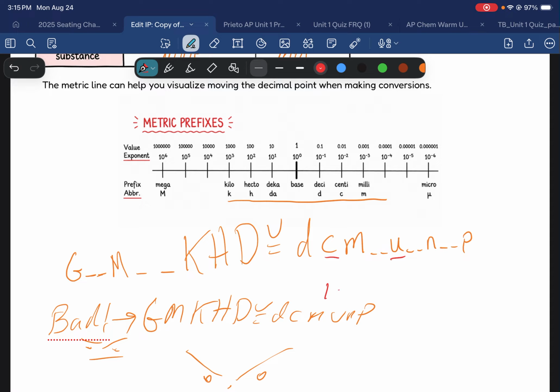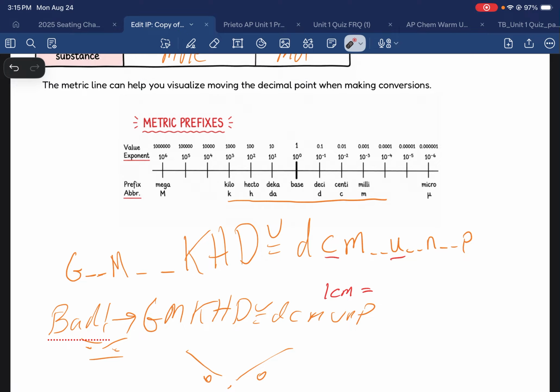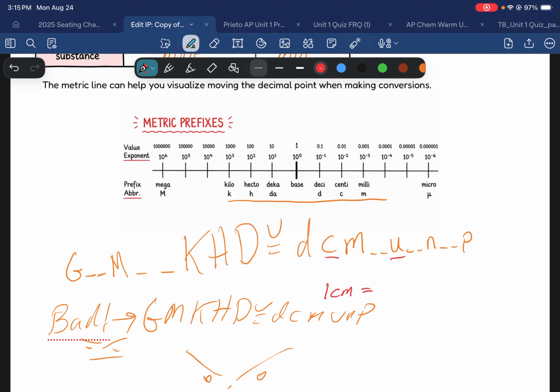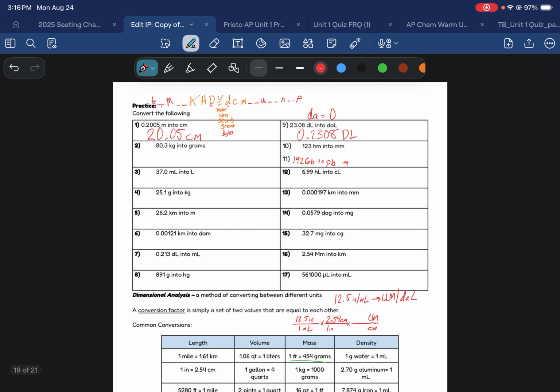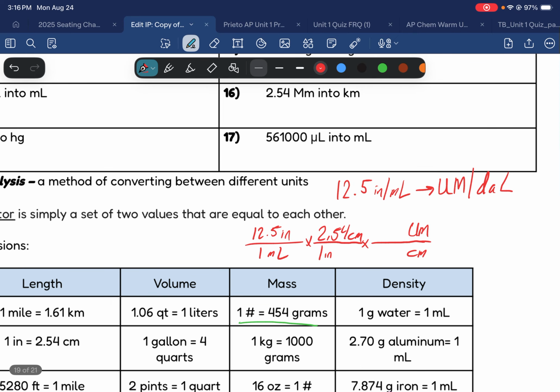For every 1 centimeter, because that's the bigger one, you have, how do you figure this out? How many spaces do you get to micrometer? 1, 2, 3, 4. So for every 1 centimeter, you have 10,000 micrometers. So that's how you can use that as a conversion factor. So I'm going to do 1 centimeter here, and then 10,000 up top right here.